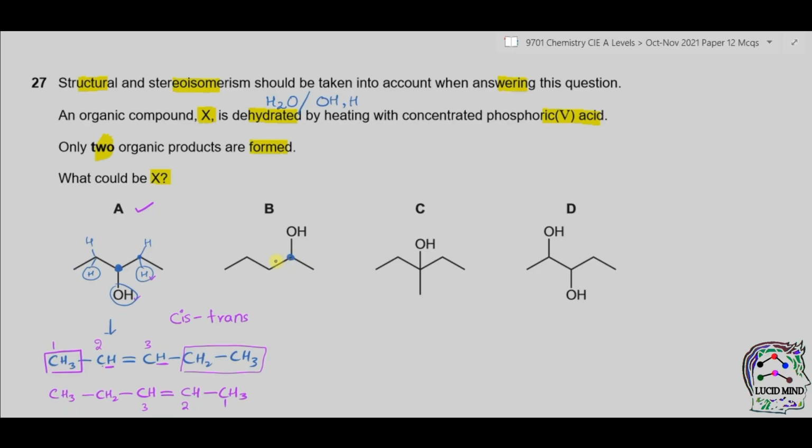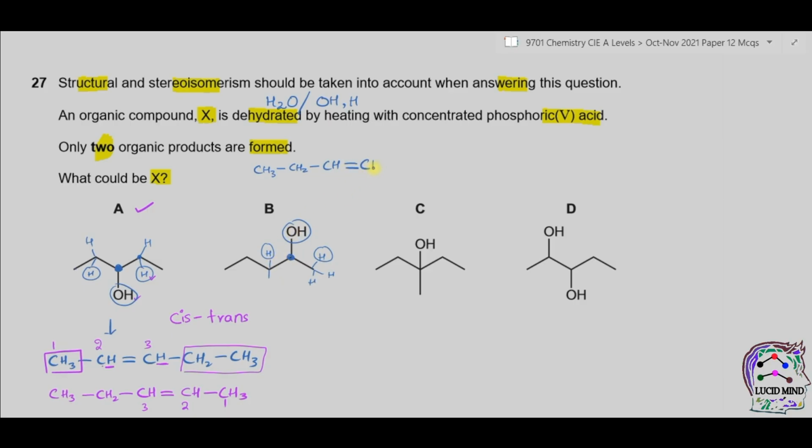Similarly, we can do this one. Either hydrogen is removed from this carbon atom along with OH or hydrogen is removed from this adjacent carbon atom along with OH. So let's draw the two products. We have CH3, CH2. Then if this hydrogen is removed, it will be CH. And the double bond will come between these two carbon atoms.